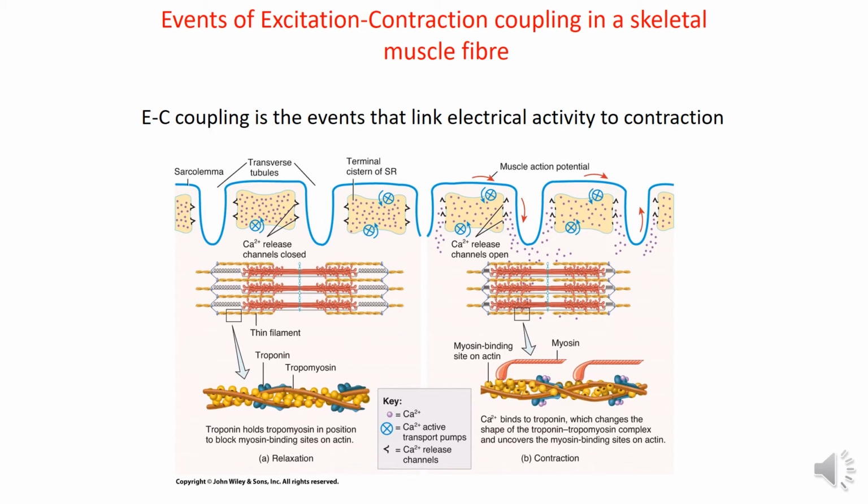Calcium will interact with troponin C, moving troponin and tropomyosin away from the binding sites, allowing the head of myosin to interact with the actin binding sites, and when this occurs, there is a sliding of actin over myosin and the production of contraction. So that is the relaxation when there is no binding of troponin with calcium, and binding of troponin with calcium moves the tropomyosin away from the binding sites, allowing the sliding of actin over myosin.